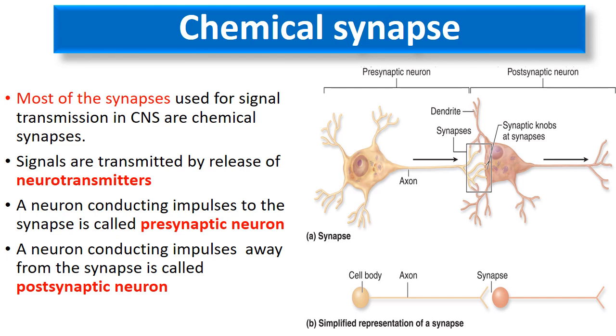The neuron which conducts the impulse away from the synapse is the postsynaptic neuron. Again, you can see in this simplified diagram, this is a presynaptic neuron which is carrying the impulse towards the synapse, and this is the postsynaptic neuron which is carrying the impulse away from the synapse. And here in the synapse, a neurotransmitter is released by the presynaptic neuron.